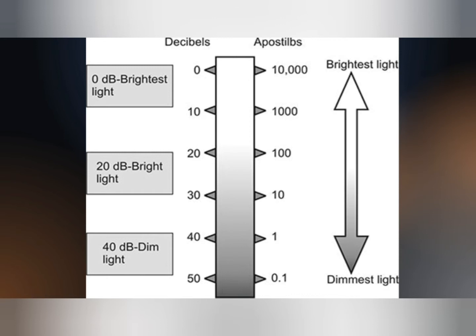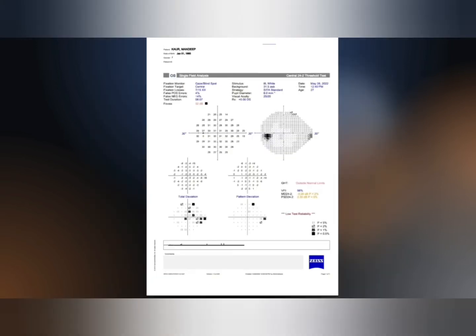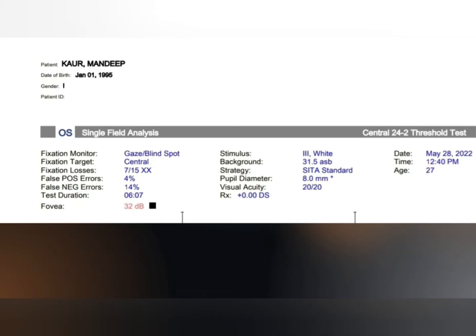This is the HVF report that we are going to discuss today. In the HVF report there are 10 zones. First of all, zone 1 indicates the patient data and test data. In the patient data there is the patient name, date of birth, gender, patient ID, everything.